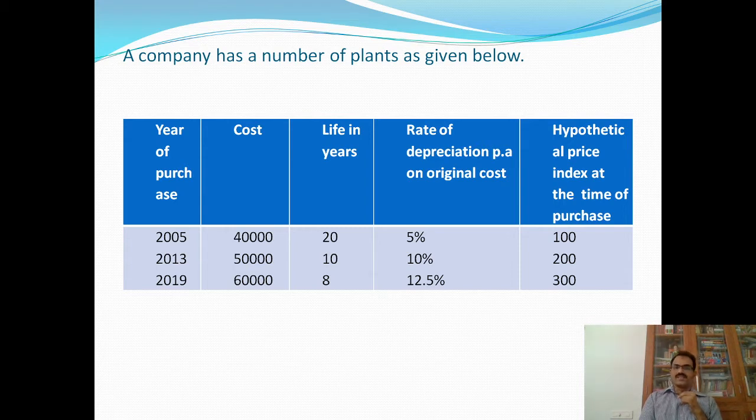Cost 50,000, life 10 years, rate of depreciation 10%, hypothetical price index at the time of purchase 200. Another plant purchased in the year 2019, cost 60,000, life 8 years, rate of depreciation 12.5%, and the hypothetical price index is 300.